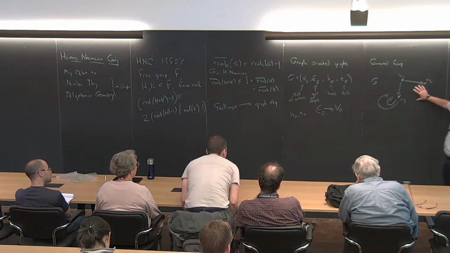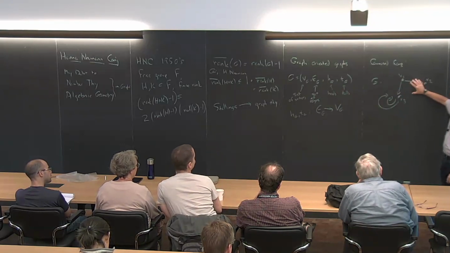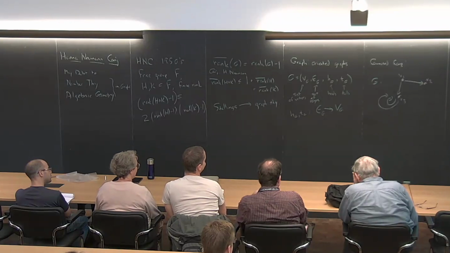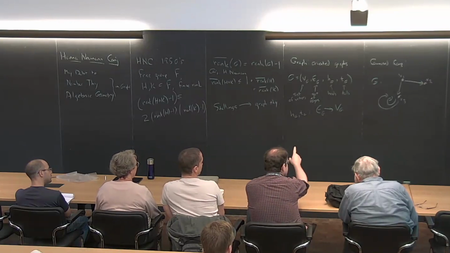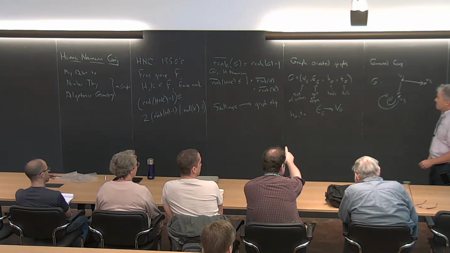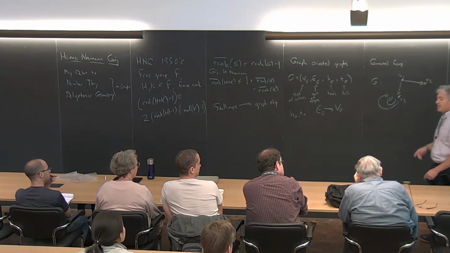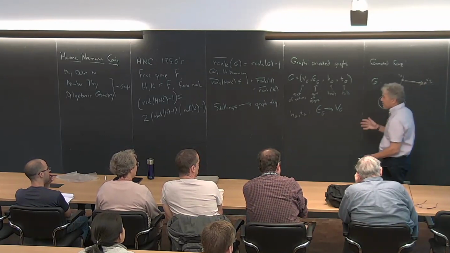So the connected component, you take this graph. So you're not thinking of the set of edges as being a subset of pairs of vertices. You're just thinking of that as a set, and the heads and the tails maps are telling us the relation, the incidence. Yeah, that's a good point.